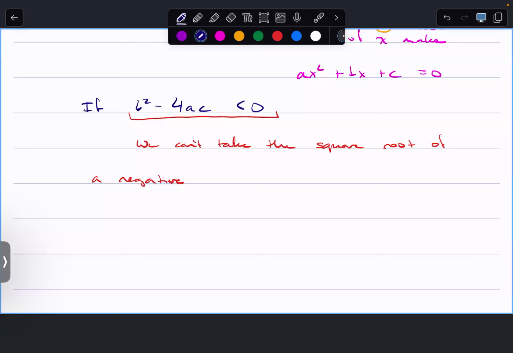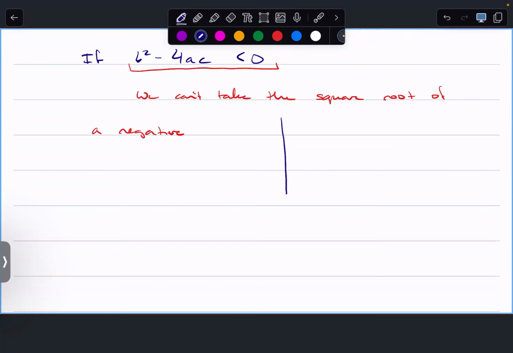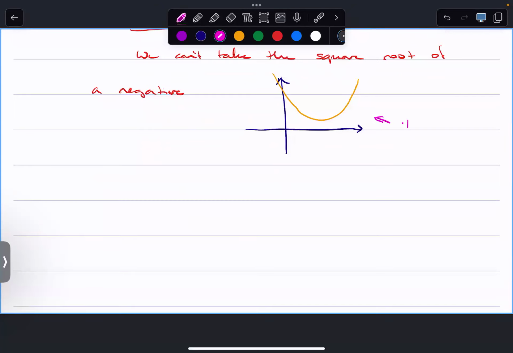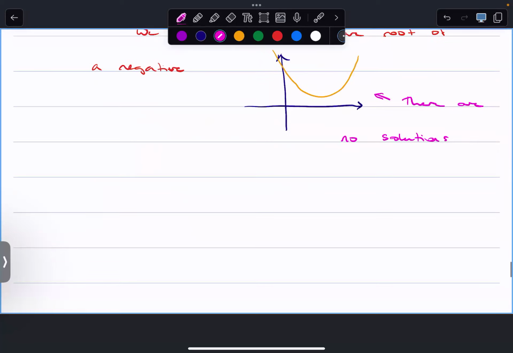That could look like something like this. Well, maybe I just have a quadratic like that. It's okay, just means that there's no solutions, right? There are no values of x. There are no solutions, right?